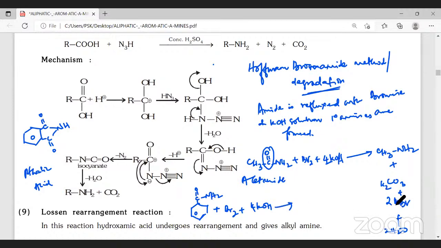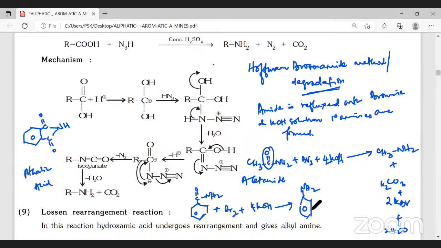You get potassium bromide, potassium carbonate, water, and you get aniline, C6H5 NH2, aminobenzene, an aromatic amine called aniline. So these are the methods prescribed for the preparation of amines in your textbooks or in your syllabus.